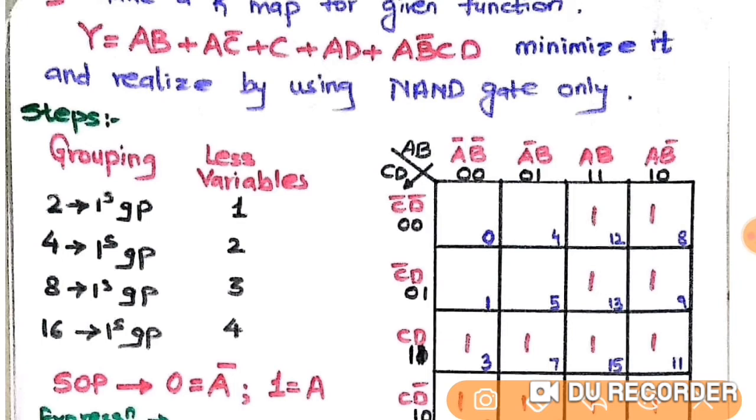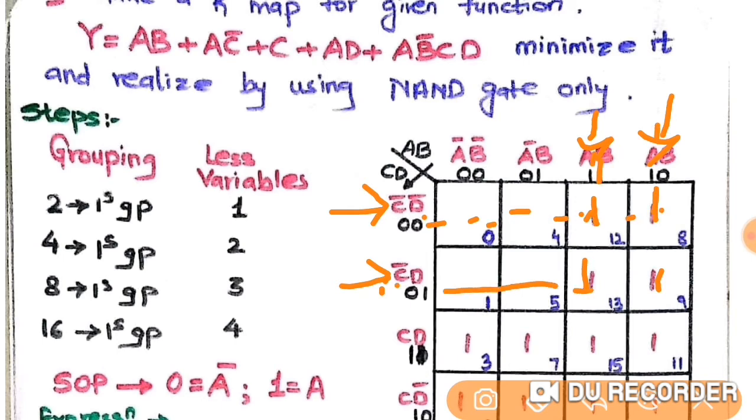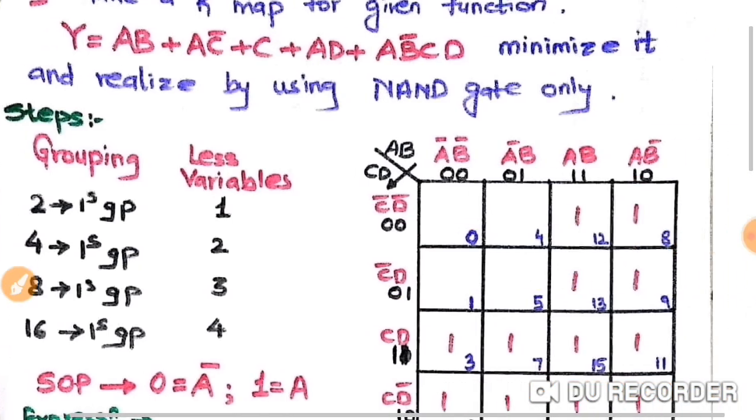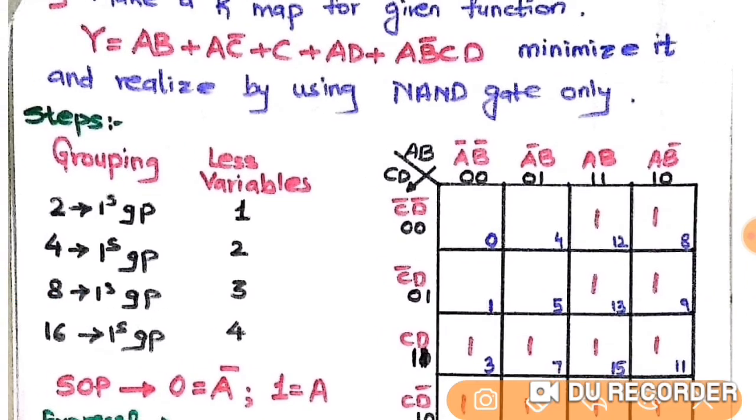So if you see here and here and here and this one. If we map it, we will find we have these 4 ones. Like this, this, again this and this. That means this comes to, again I will show you, A and C', this one. Then again we have A and C', this one, right?